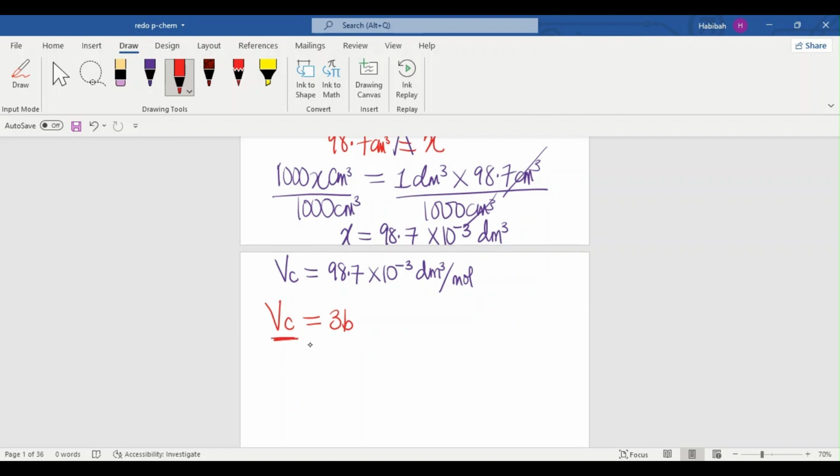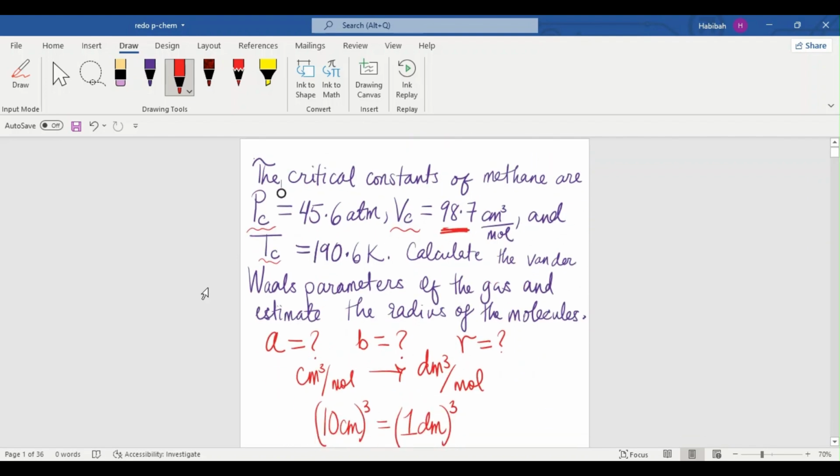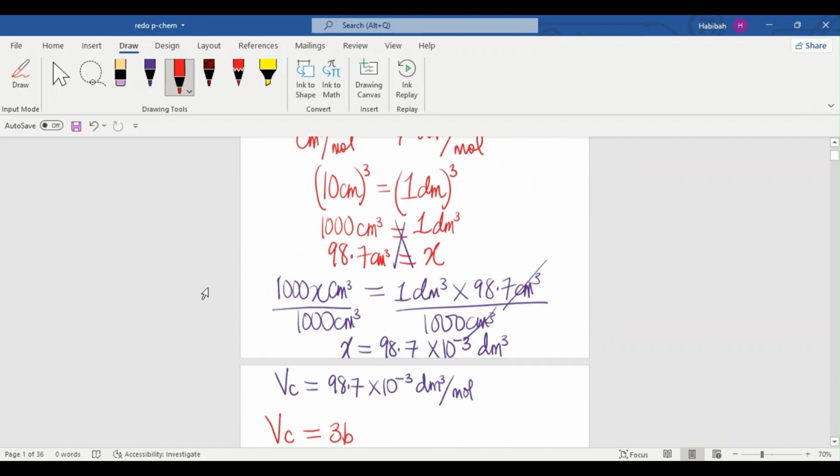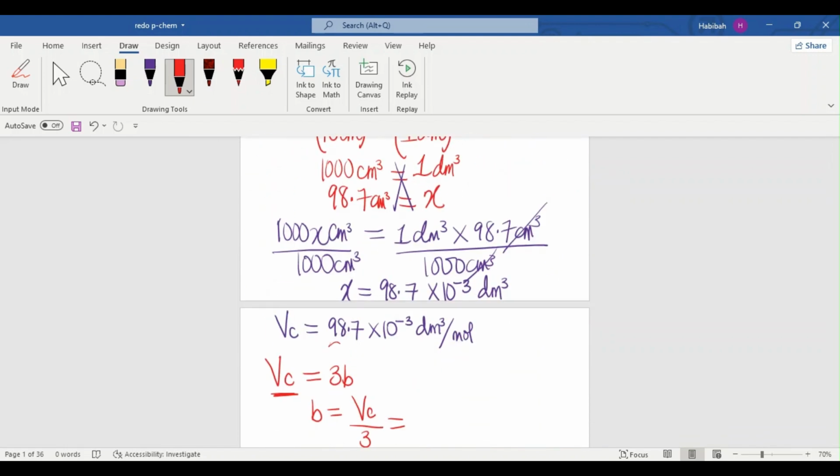B is equal to Vc divided by 3. We know what our Vc is because it was given in the question. Vc is 98.7 times 10 to the power negative 3 decimeter cube per mole.